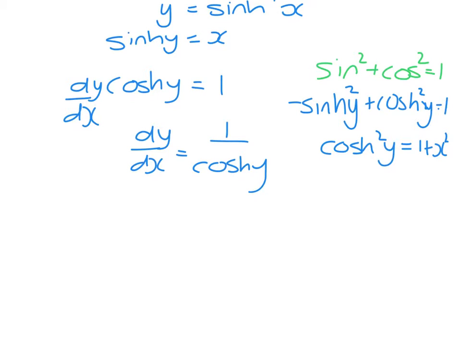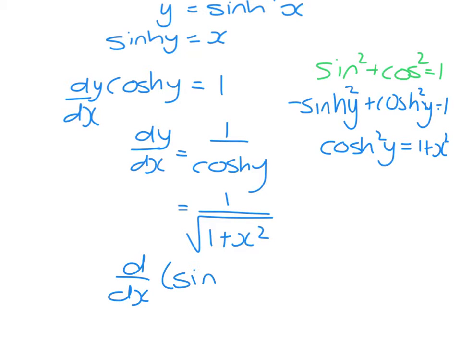So when we go back over to our differential, that will be 1 over the square root of 1 plus x squared. So we have just shown that the differential of the inverse sinh is 1 over the square root of 1 plus x squared.